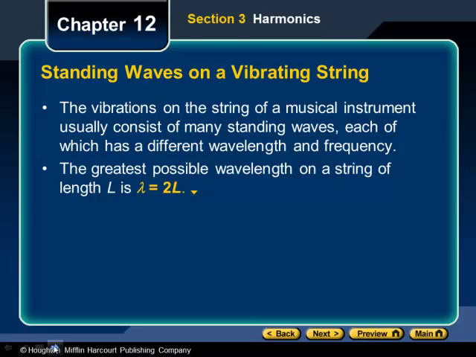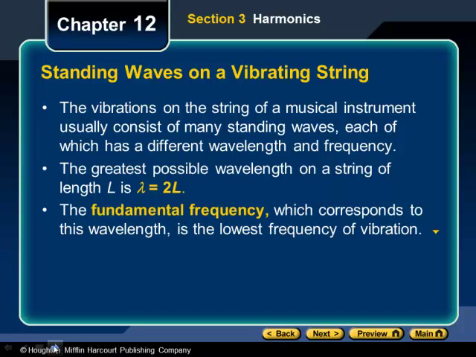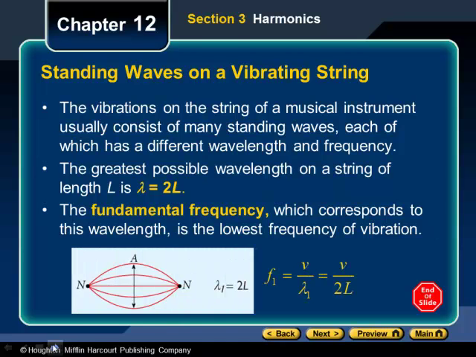The fundamental frequency is the frequency that corresponds to the lowest frequency of vibration, and that is where the wavelength is 2L. You can see this in this diagram here. You have a node at each end of the string, one big loop in the middle. Remember, this wave is actually reflecting off of one of these nodes and bouncing back.